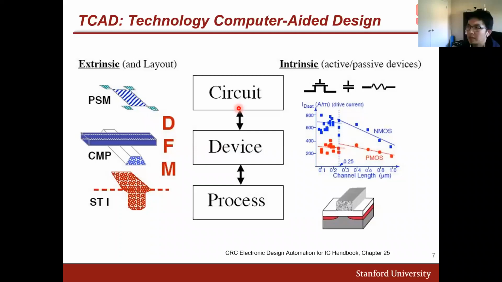Then with the experiments, you can expedite the whole thing very, very fast. So the key thing here is that people have understood pretty well how silicon technology works and how the electrons move, right? So that's the physics understanding of all the processes that gives you this link between process and device.